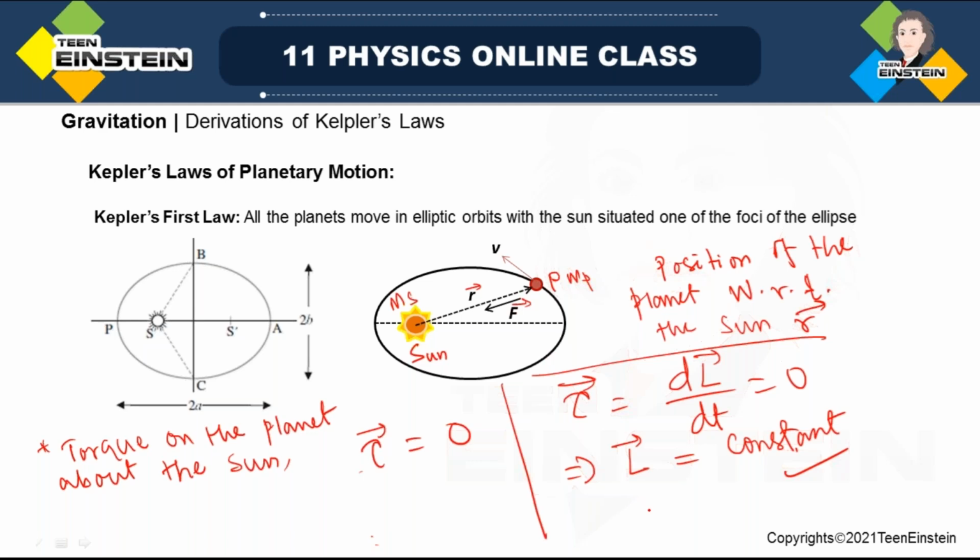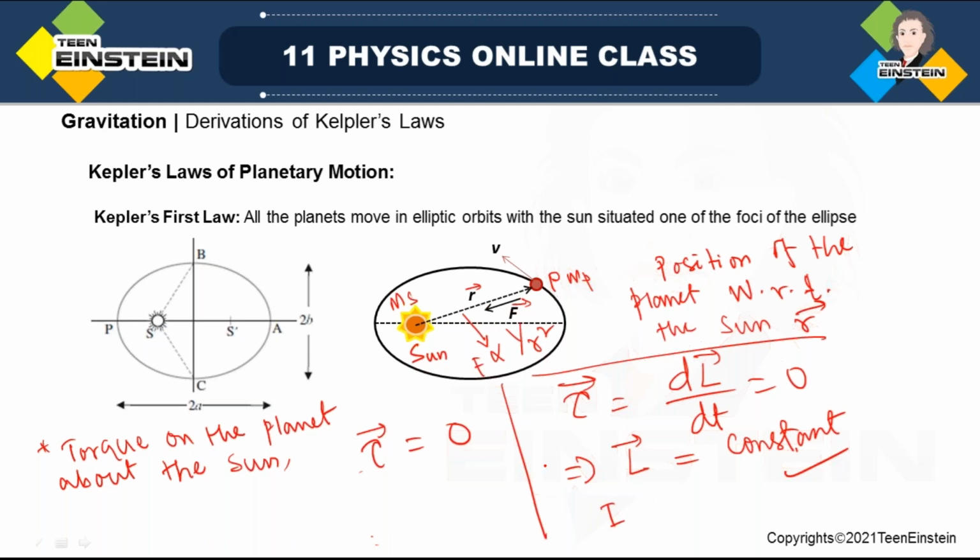And we can prove this: see the force acting here, the gravitational force, is directly proportional to the inverse square of the distance between the planet and the sun. Such a force will give rise to an elliptic orbit.